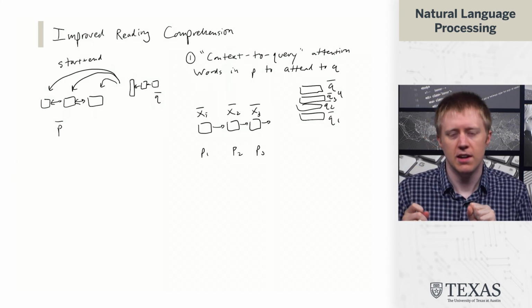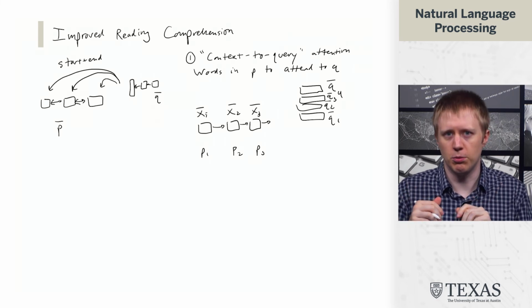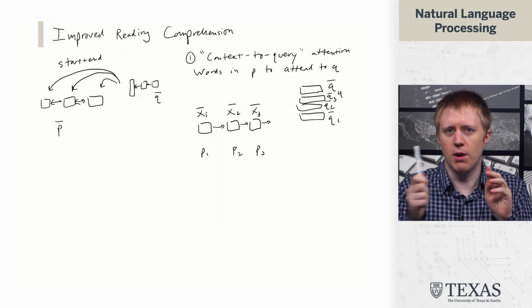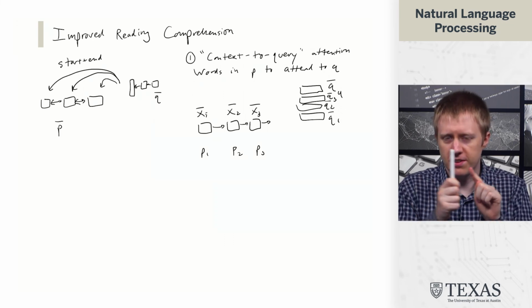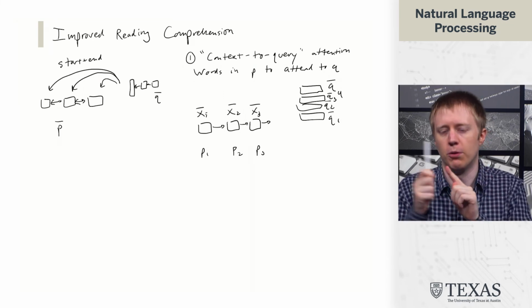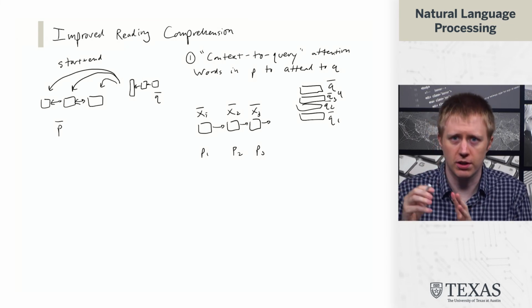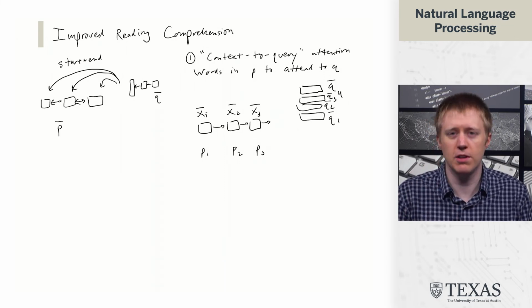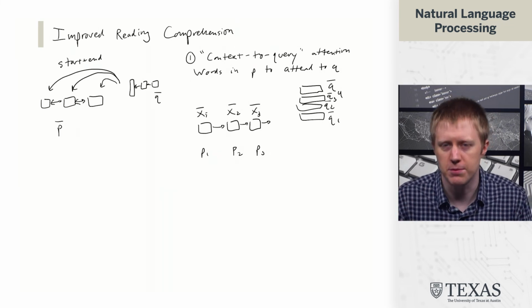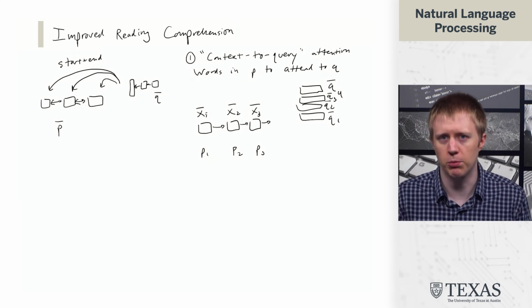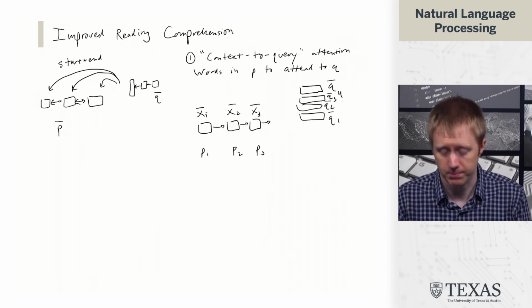Like if you say, what was the event that caused World War II or World War I or whatever, then you want to look for that specific occurrence of World War I or World War II, and you probably need that matching to happen at the word level, because once you boil everything down into this very abstract vector, World War I and World War II are probably going to look pretty similar.